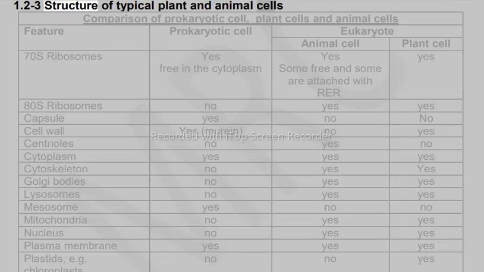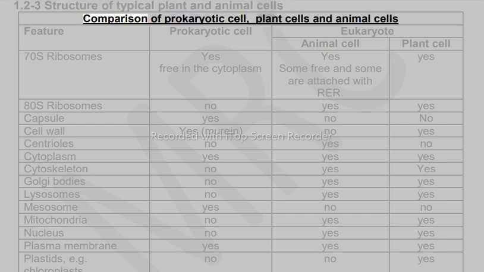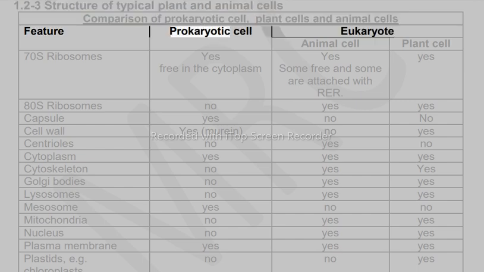1.2.3 Structure of typical plant and animal cells. Comparison of prokaryotic cell, plant cells and animal cells. Features: prokaryotic cell, eukaryote animal cell, plant cell.